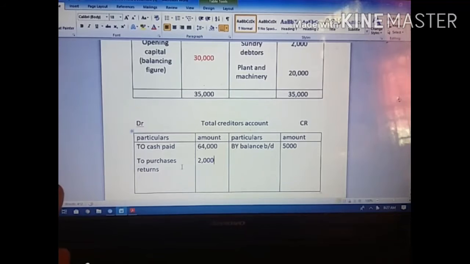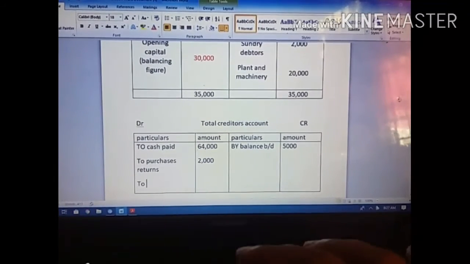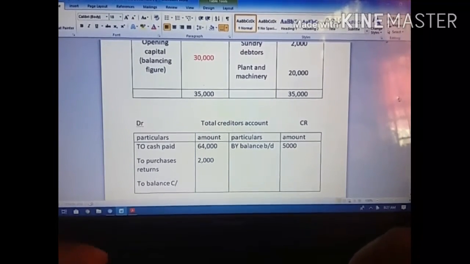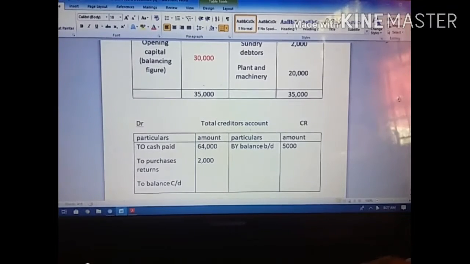Then to balance C by D. This is a closing balance, closing creditor. So closing creditor C bar D. So opening creditor also here, closing creditor also available there.